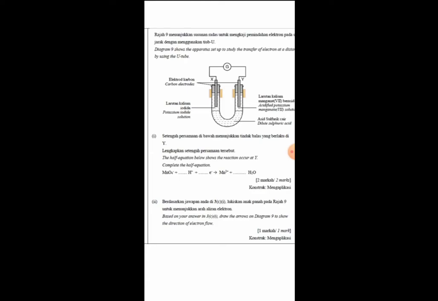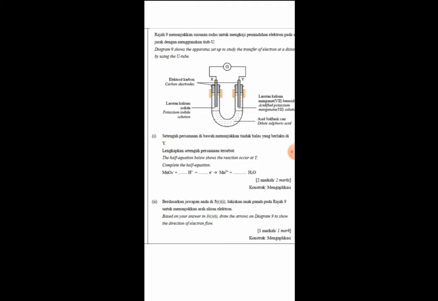So how do we know the electron? What to put in front of the electron? Now we will calculate the charge for the right hand side. We have Mn2+, which means 2 positive charge, and we have 4 H2O, which means 0 charge because H2O is a neutral compound.